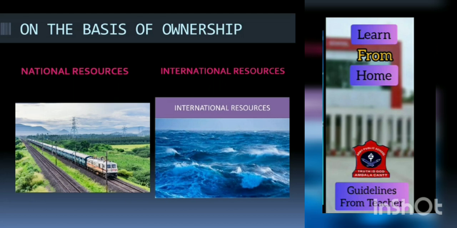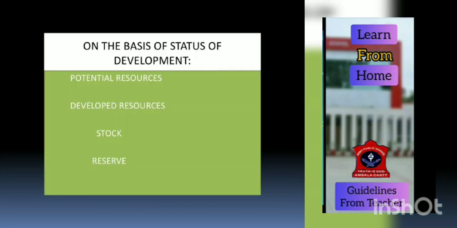The oceanic resources beyond 200 nautical miles off the coast belong to the international community and are called the international resources. On the basis of status of development, the resources could be potential, developed, stock of resources or reserves.